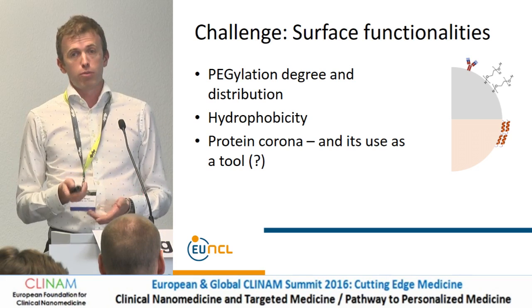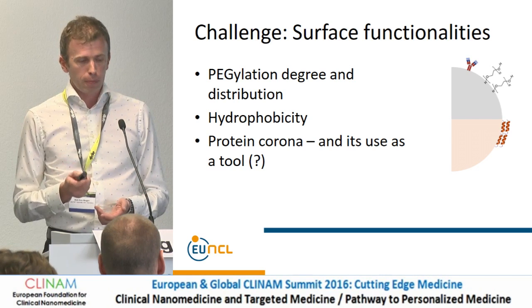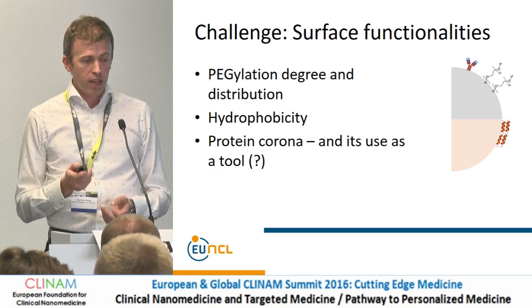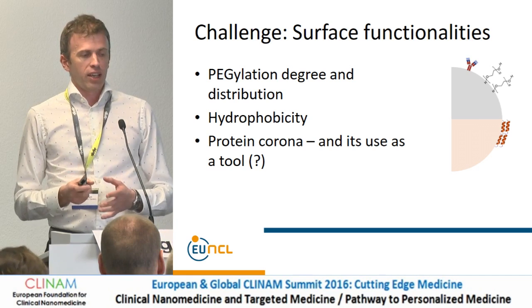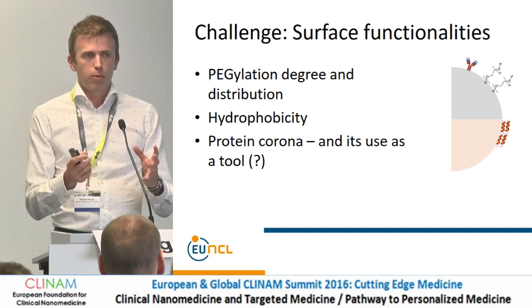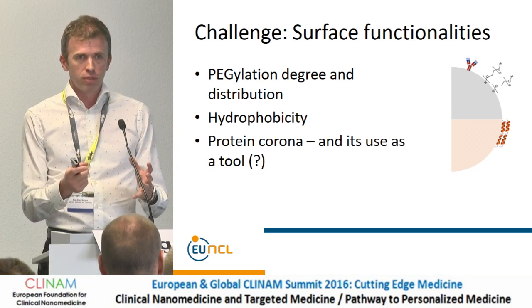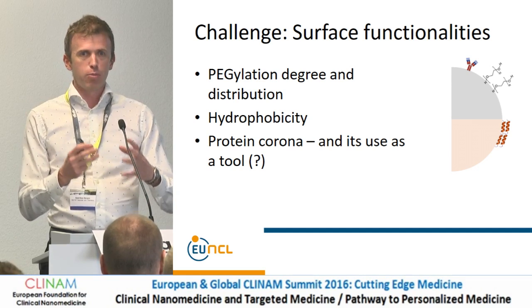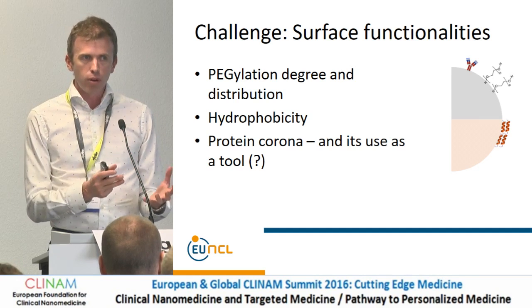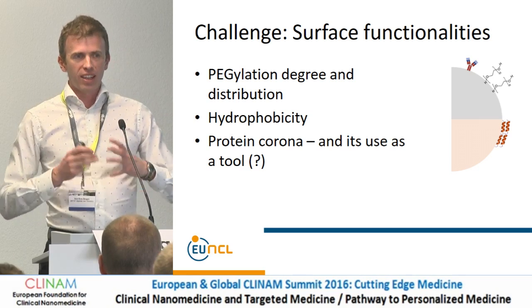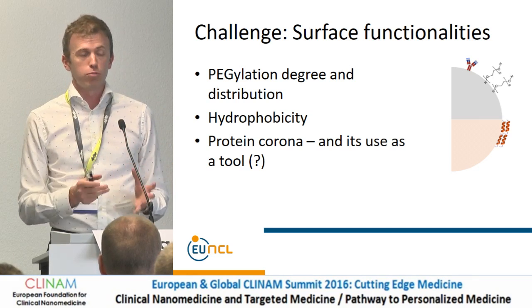And then, of course, we get to the protein corona, and there will be a whole session on that later on today. Not only as a descriptive thing. I mean, the protein corona is created really quickly after exposure to plasma. So something happens, and the pristine nanoparticle doesn't really exist anymore. But also to use the protein corona as a tool to actually actively get the nanoparticle to where you want it to be.